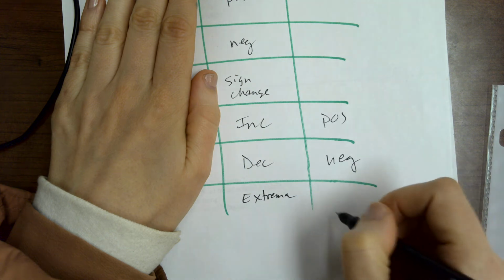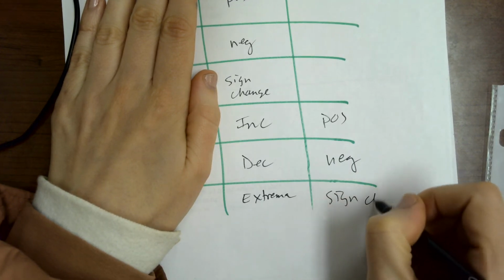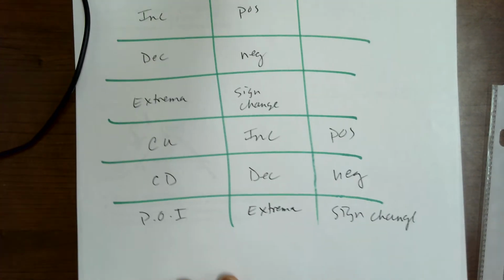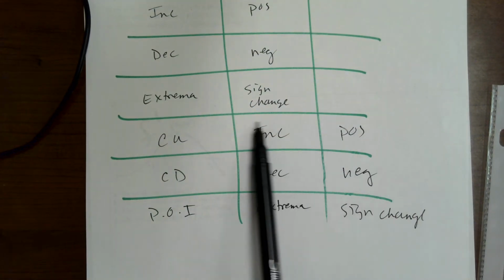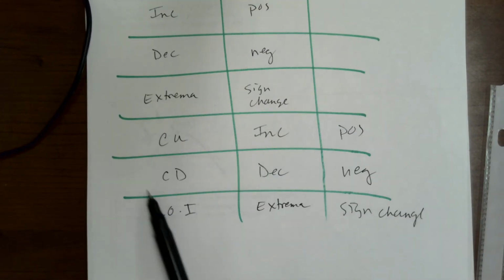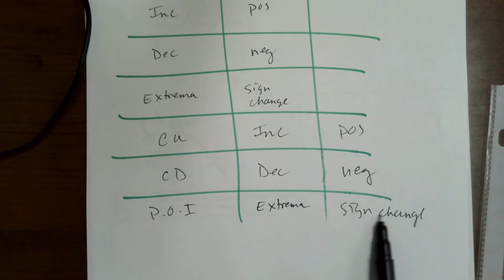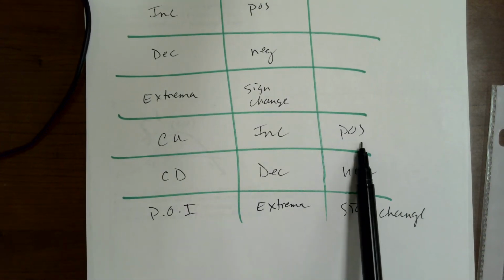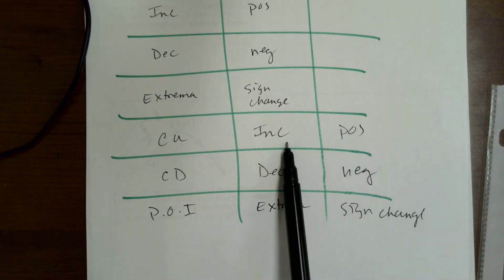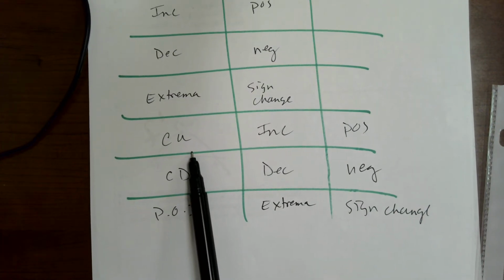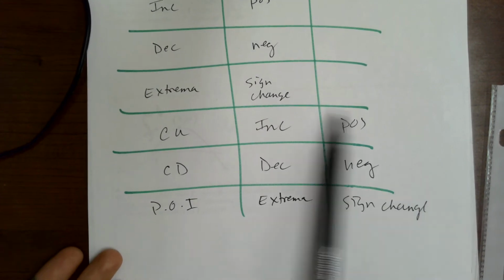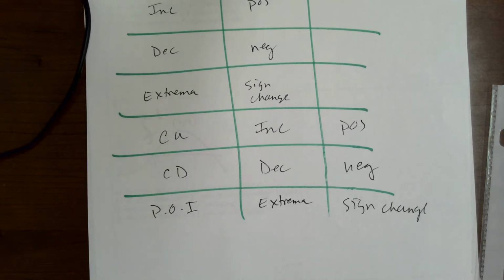Positive, negative, sign change. There is a lot of information in these last 3 rows here, okay? So if F double prime is positive, that tells you that F prime is increasing, but it also tells you that F, the original, is concave up, okay? So there's a lot of information here, and we're about to use it.